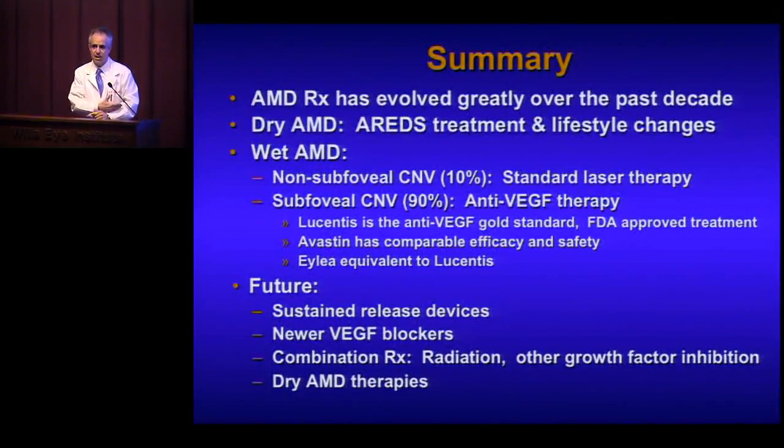The half-life in the plasma circulation is hours for Lucentis, but is days with Avastin. So Avastin may linger a little longer and theoretically be less safe. But that being said, they are comparable for sure in overall safety profile.